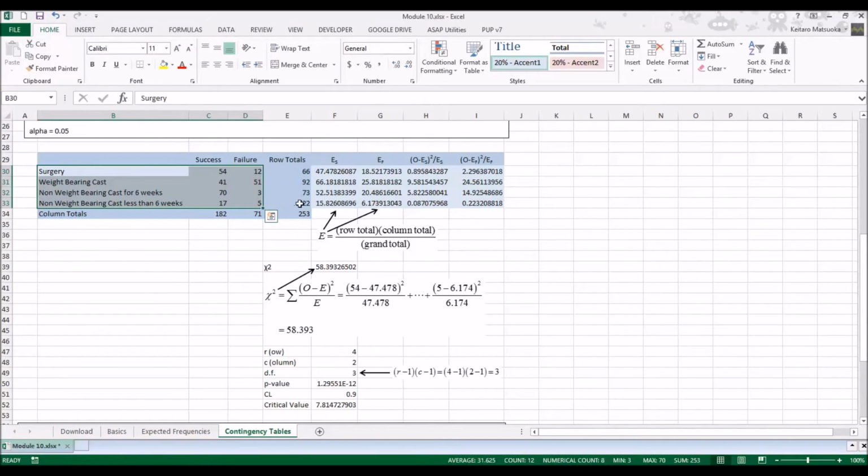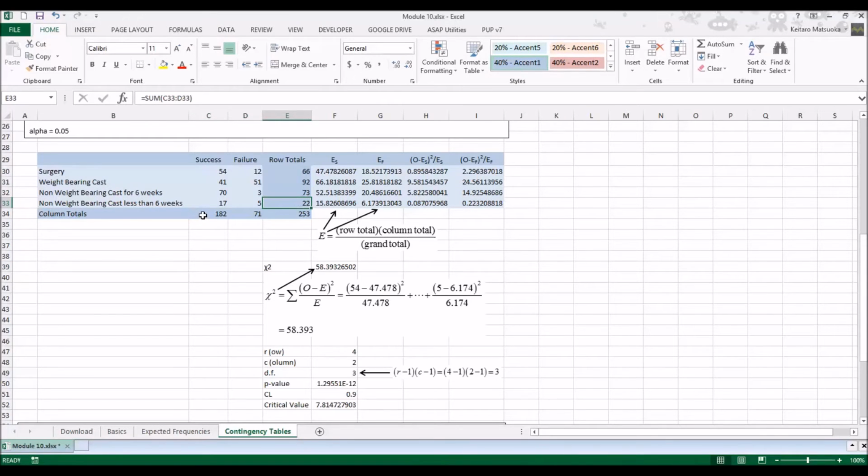First thing you have to do is figure out the column totals here using the sum function. And then you also need the row totals, again using the sum function. And you need a grand total number, so you can sum up either columns or the rows. So in this case, it's 253.